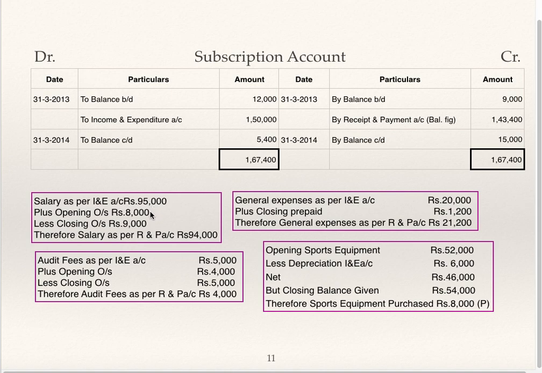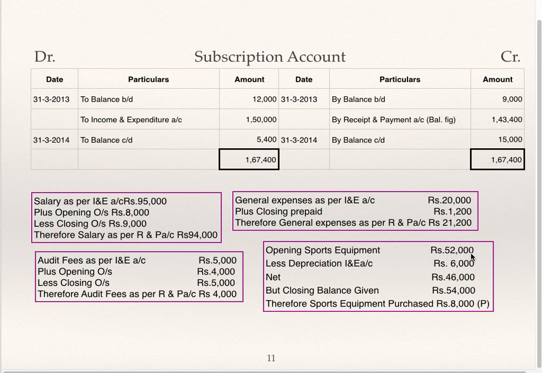Opening outstanding you are supposed to add, closing outstanding deduct, and salary as per receipt and payment account is 94,000. General expenses as per income and expenditure account is 20,000. Deduct closing prepaid. General expenses as per receipt and payment account is 21,200. Audit fees as per income and expenditure account is given. Add opening outstanding, deduct closing outstanding, and you will get audit fees as per receipt and payment account.